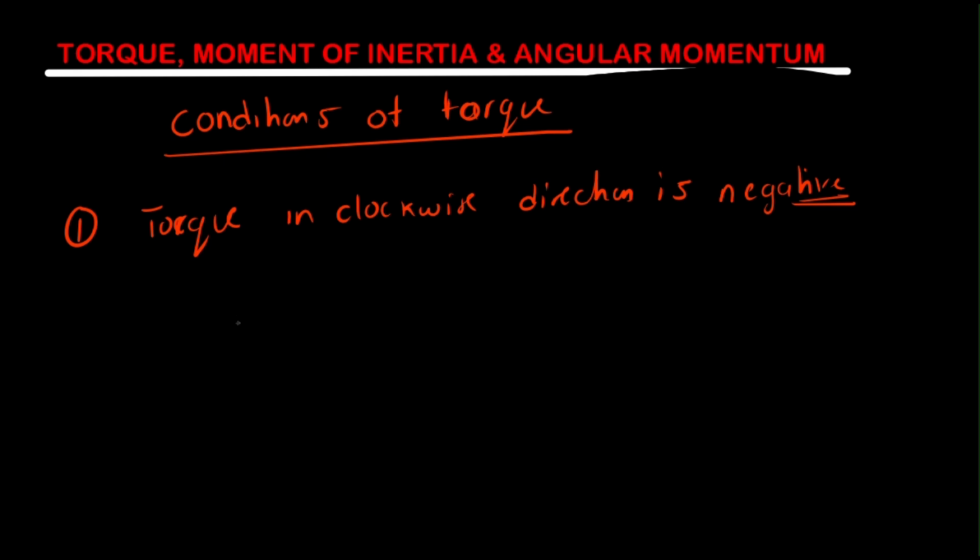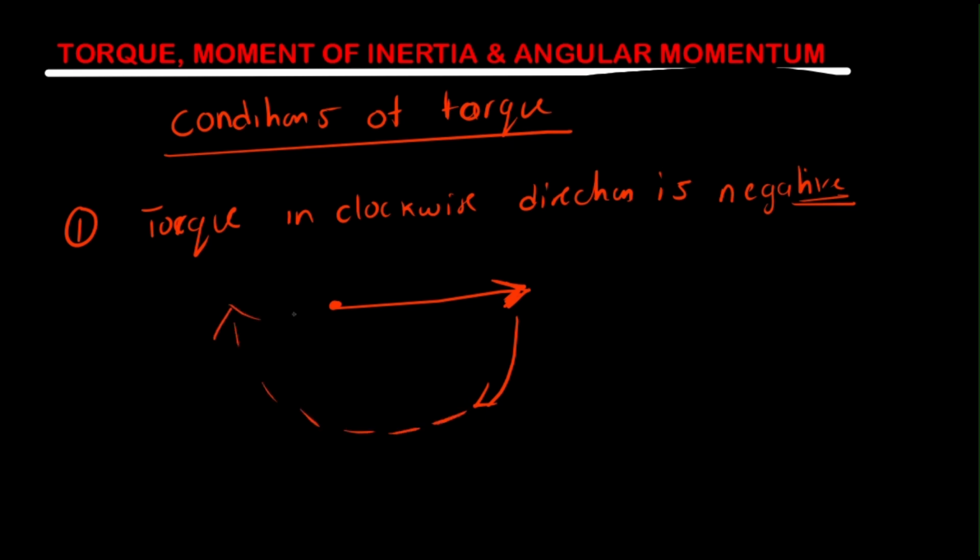So what do I mean if the torque that is in the clockwise direction is negative? Just imagine you have an object that is being rotated in a clockwise direction. If I say clockwise direction, I mean an object that is going like this, moving in this way.